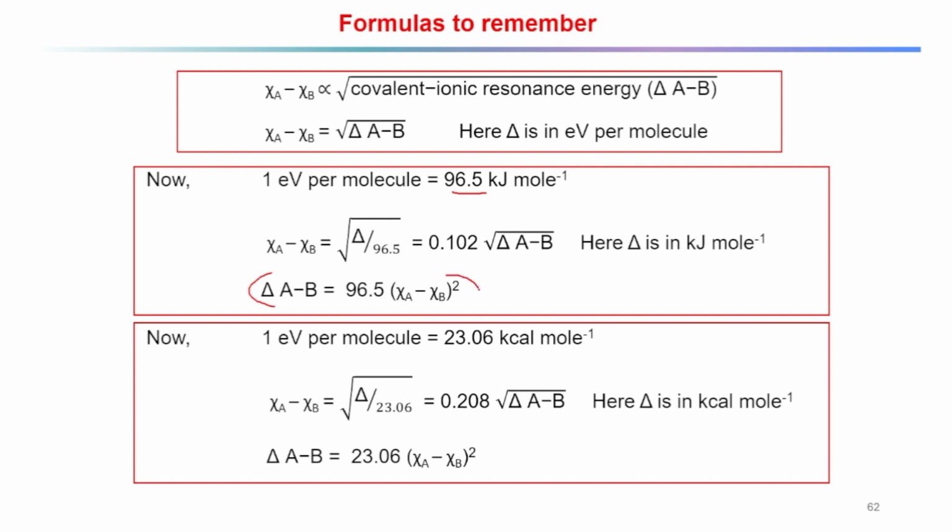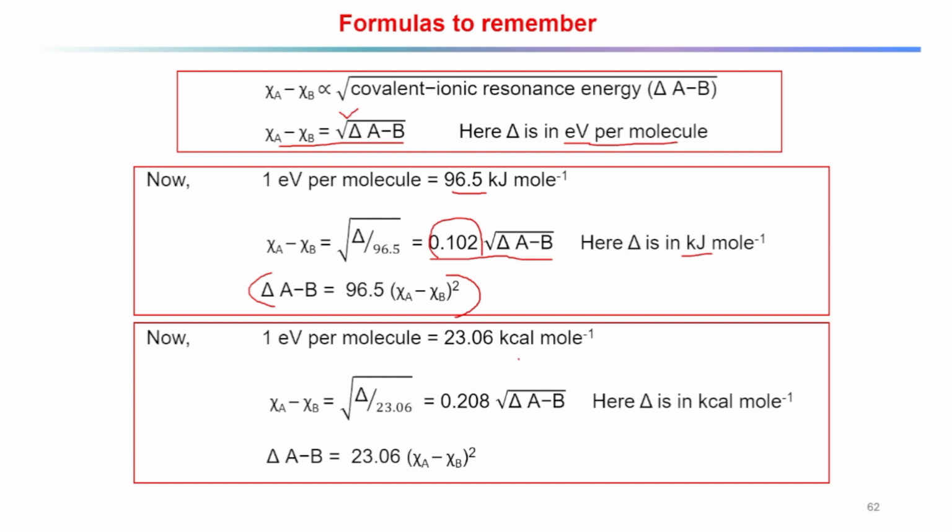And also this one, chi A minus chi B equals 0.102 square root of delta. Here delta is in kilojoule. And also you have to remember this one, here delta in eV per molecule. Simply if you just put 0.102 before this term, you will get delta in kilojoule per mole.